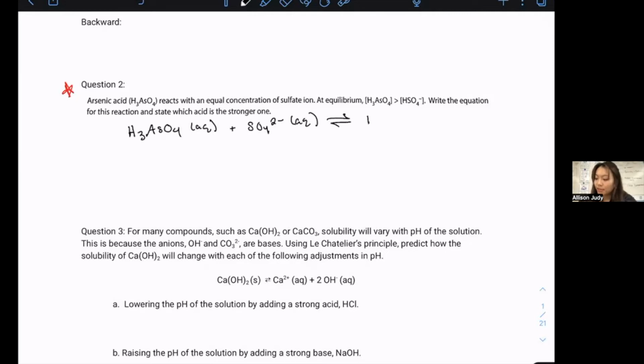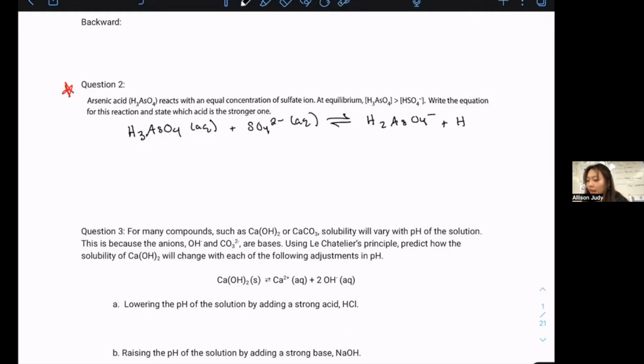So we know that we get H2AsO4 minus from the deprotonation, and we get HSO4 minus. And you're like, well, how did I know that that was going to be my result? Well, in the problem, it tells us that I have these 2 species present.